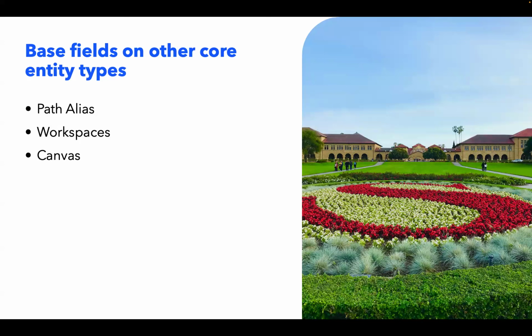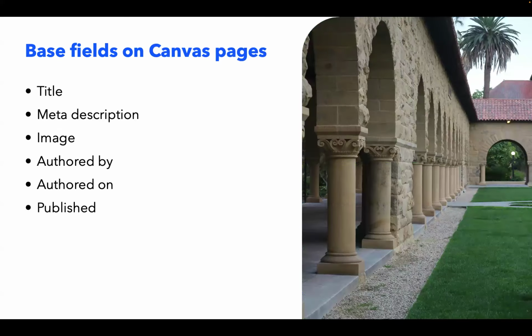There are a couple of other base fields that are provided by core entity types, something like path alias and the workspaces module, and now Drupal Canvas has base fields as well. If you've played around with Canvas, you've seen that it has some fields out of the box that are specific to SEO, so that's the meta description and the image.